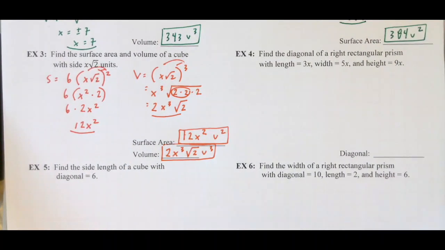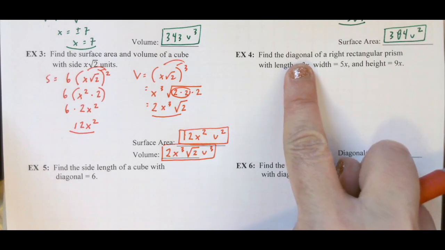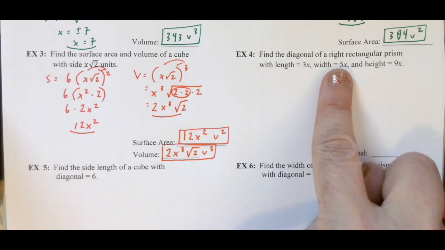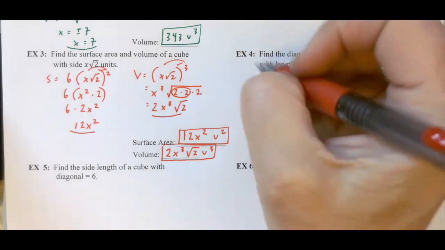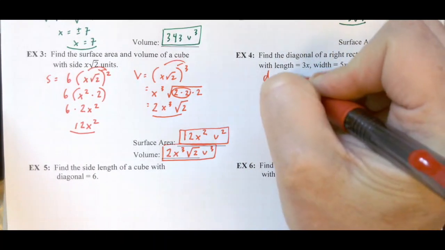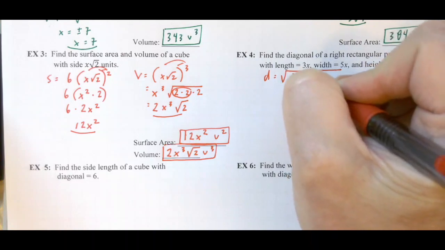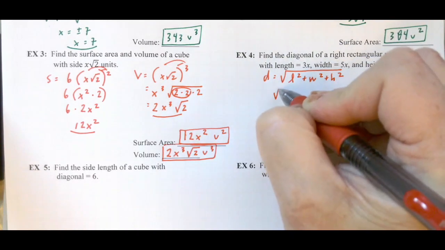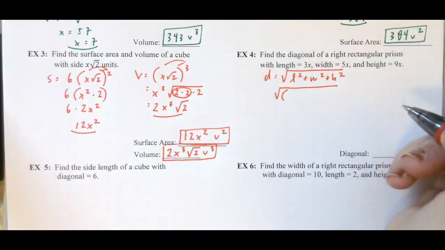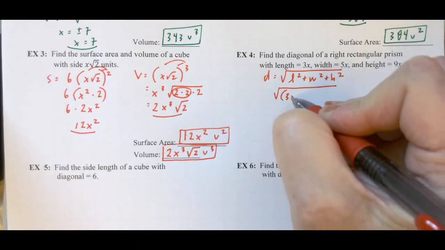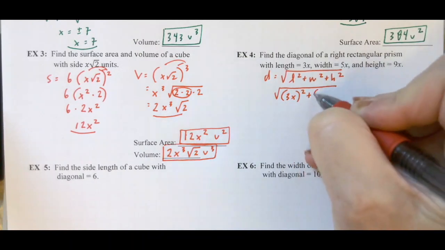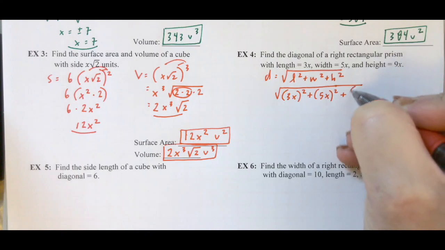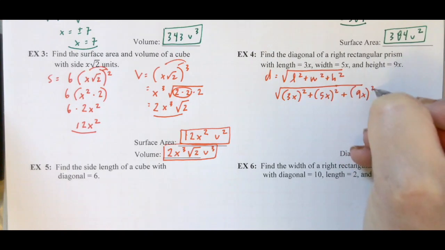All right, next I'm saying, can you find the diagonal of a right rectangular prism? Here's the length, the width, and the height. So remember that our diagonal formula is the square root of length squared plus width squared plus height squared. So I'm going to plug everything in. Big square root, 3x quantity squared plus 5x quantity squared plus 9x quantity squared.